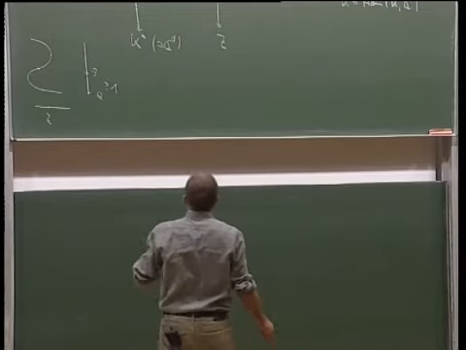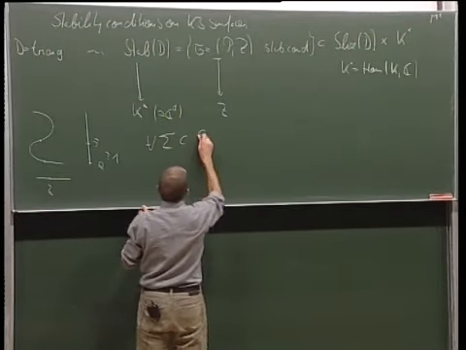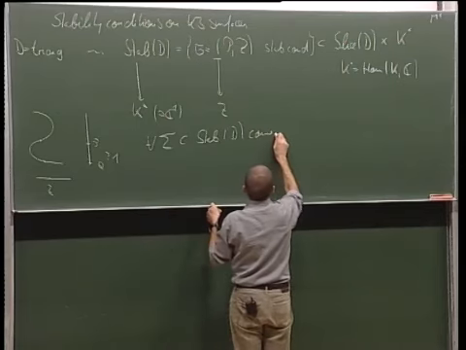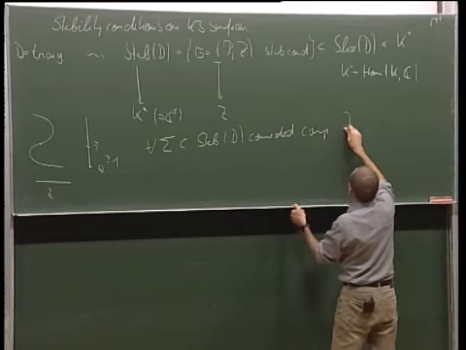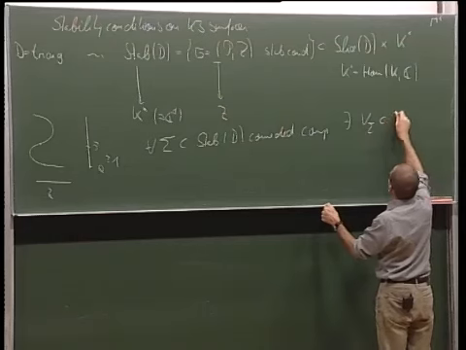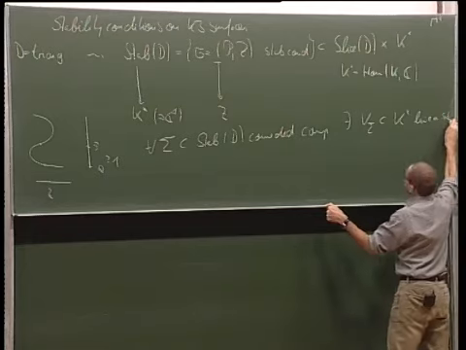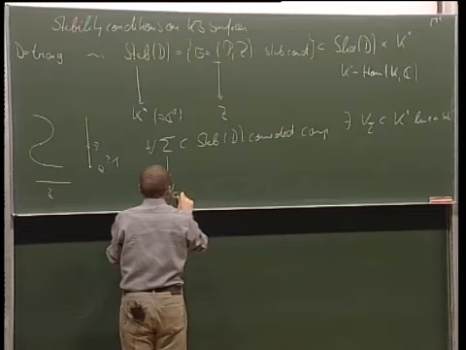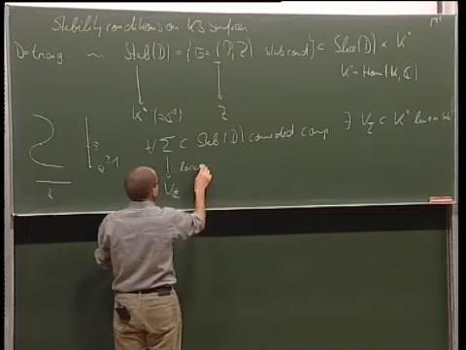So for all connected components, there exists a linear subspace such that the projection here is a local homeomorphism.